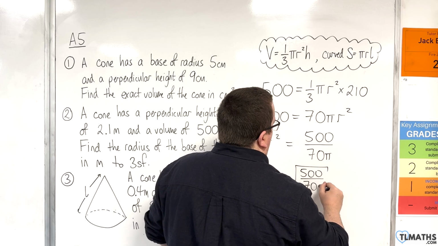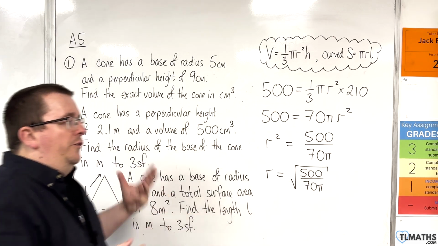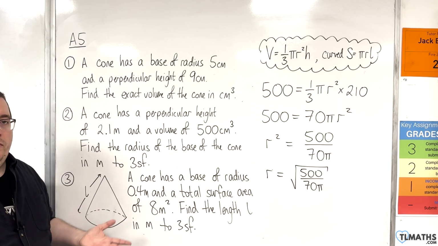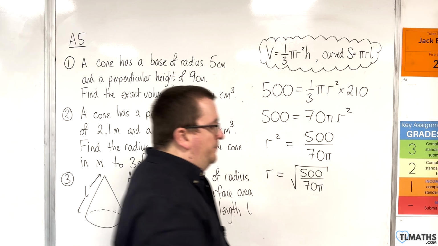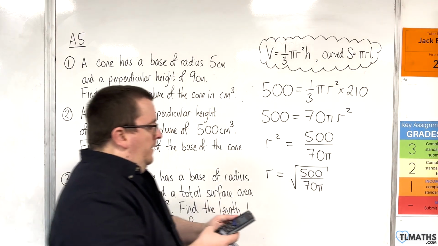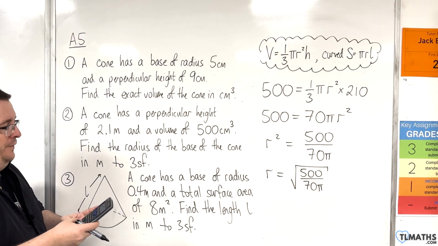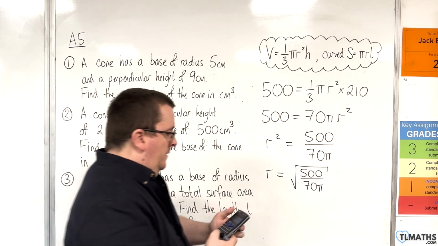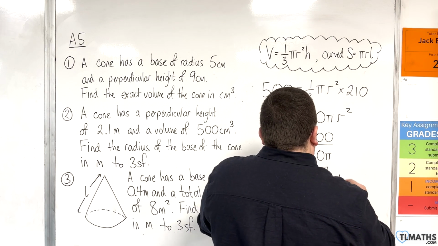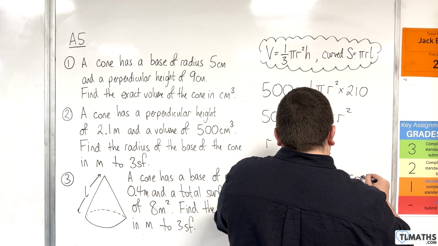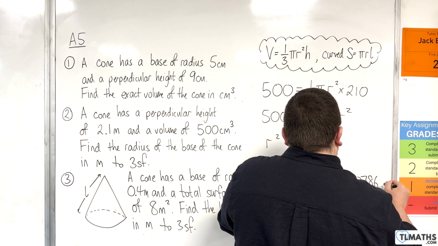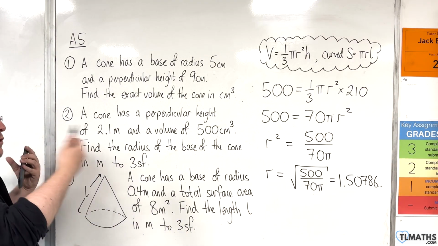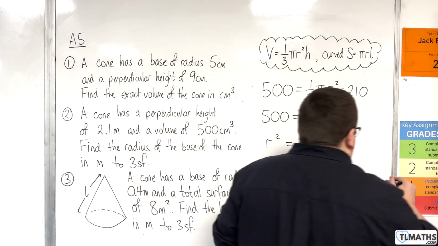Now remember, just as I was in the previous video, I'm not thinking about plus minus here when I square root, because the radius is positive, it's a length. So we have the square root of 500 over 70 pi. So that is 1.50786, etc. Now that, because all of my units I put into centimetres, that's centimetres.